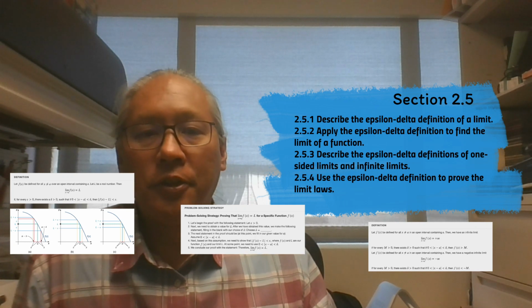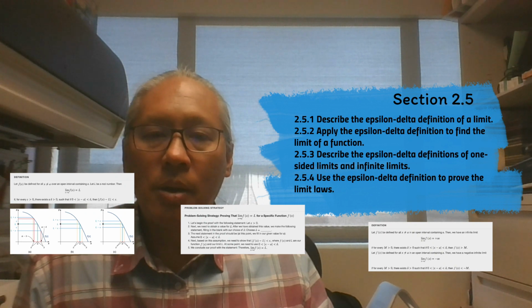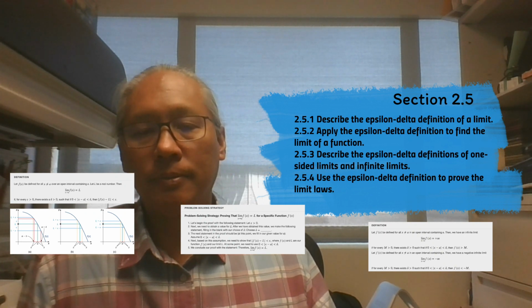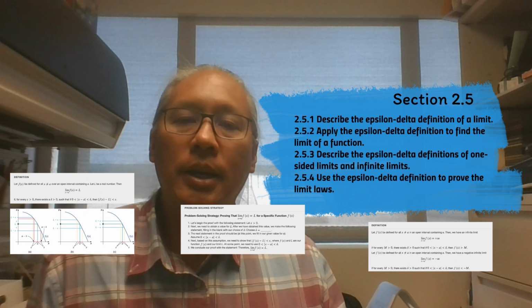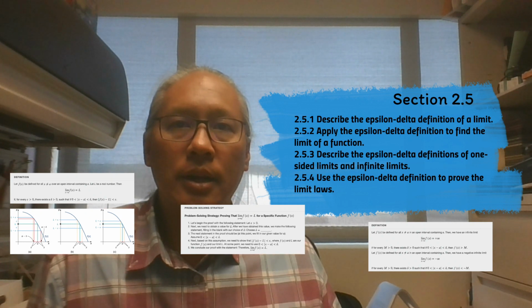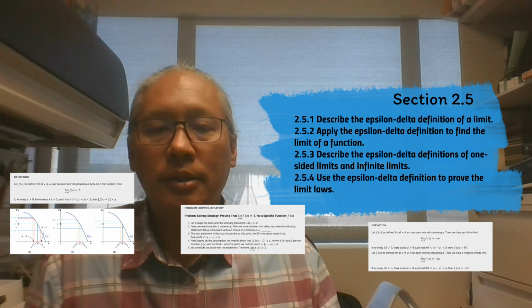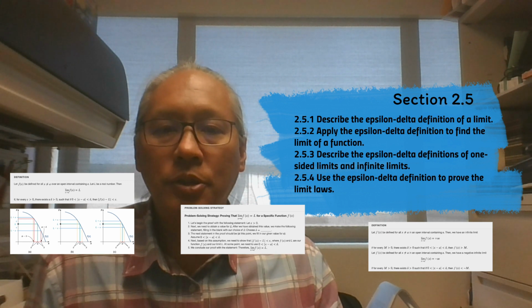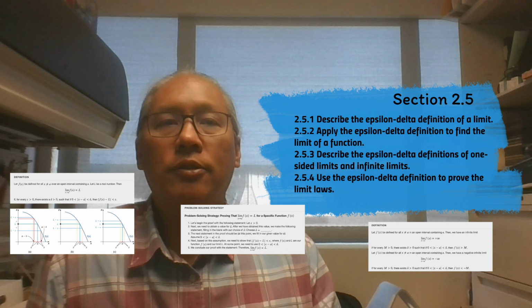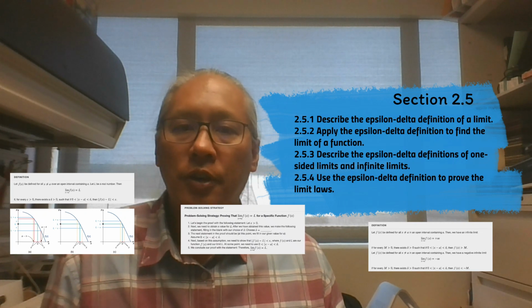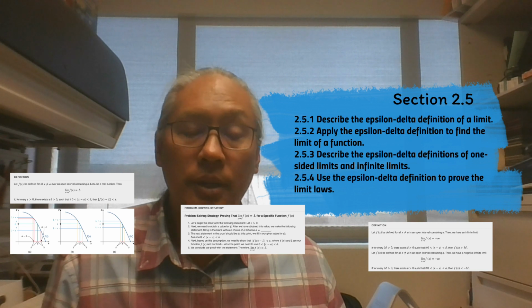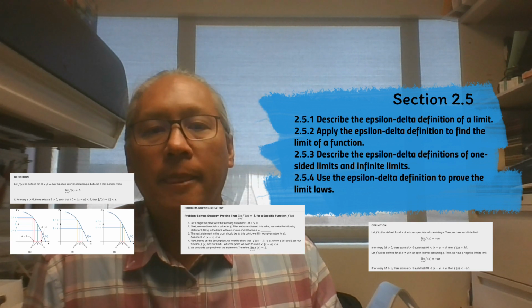Now, if you're not a math major, this section will probably not be so important because it dives deep into the mathematics behind calculus. A lot of times when people go through calculus, they just do the computations for manipulating functions, finding derivatives and integrals and things like that.